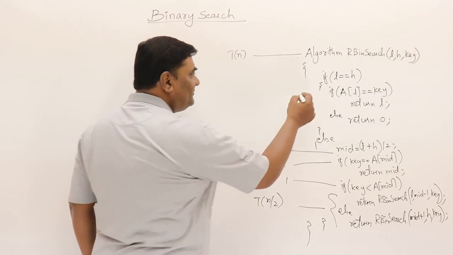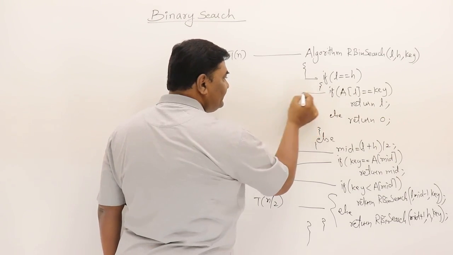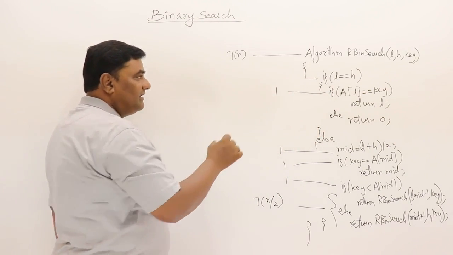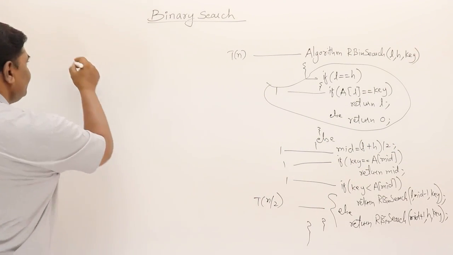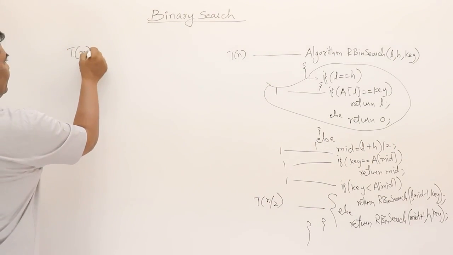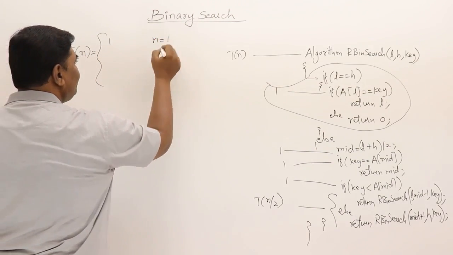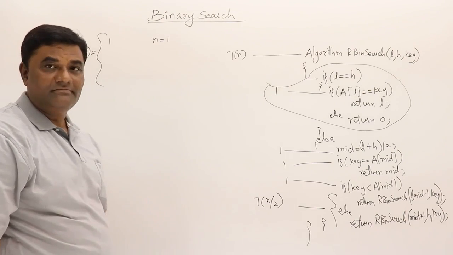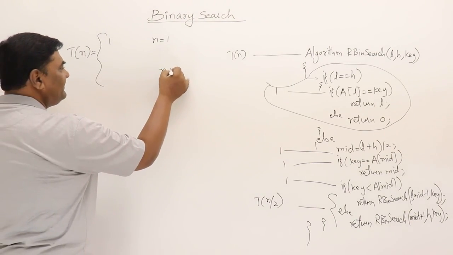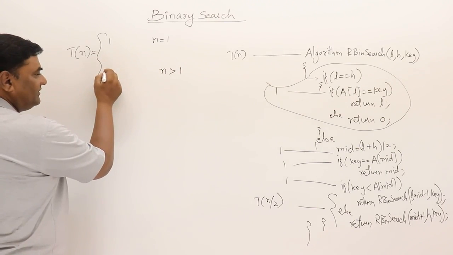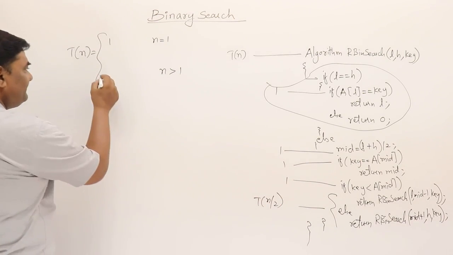And when it is a small problem, if list size is 1, then what is it doing? Just making one comparison. This is small. So let me write the recurrence relation. T(n) is taking one time if the number of elements is 1. That's a small problem. If the number of elements is greater than 1, then it is calling itself either this one or this one, so only one time it is calling.